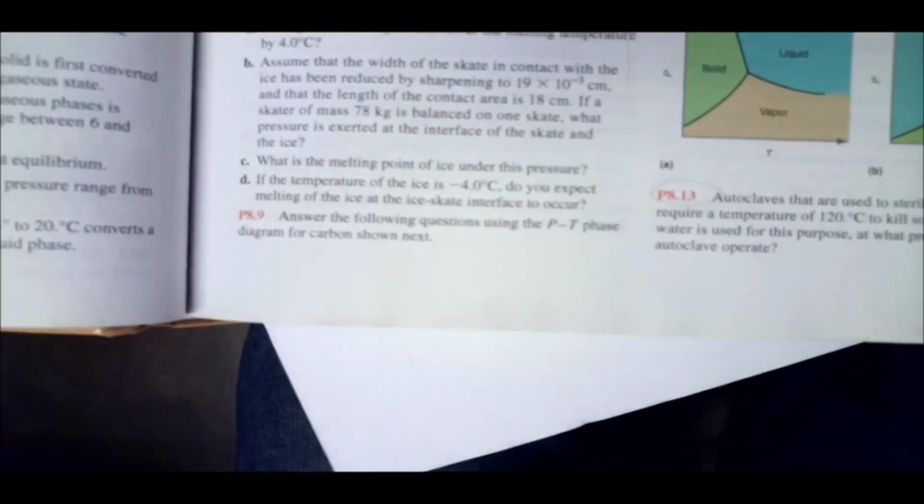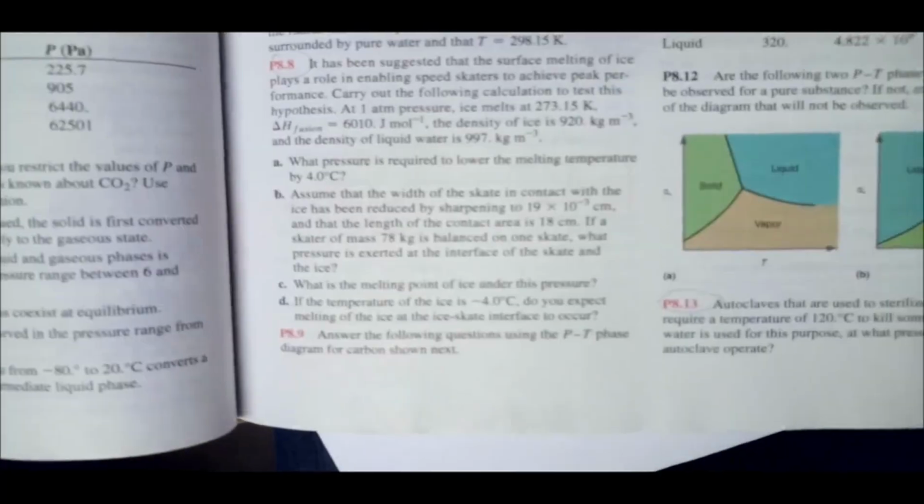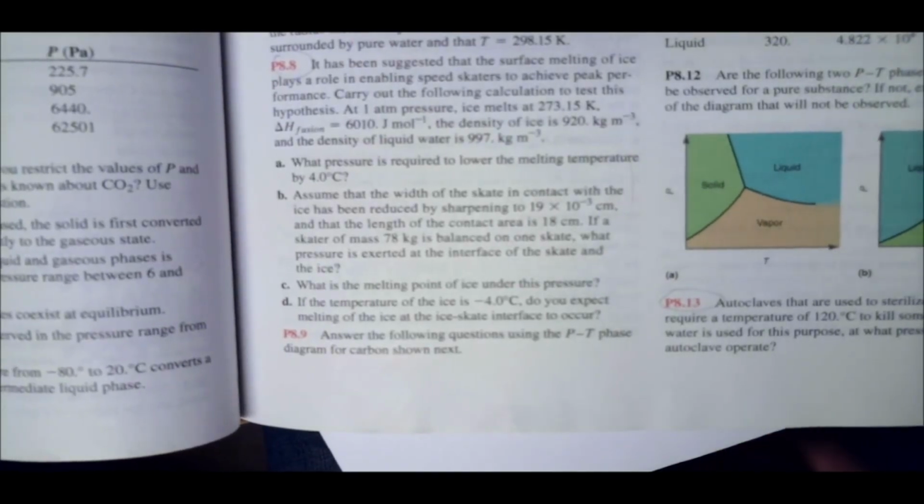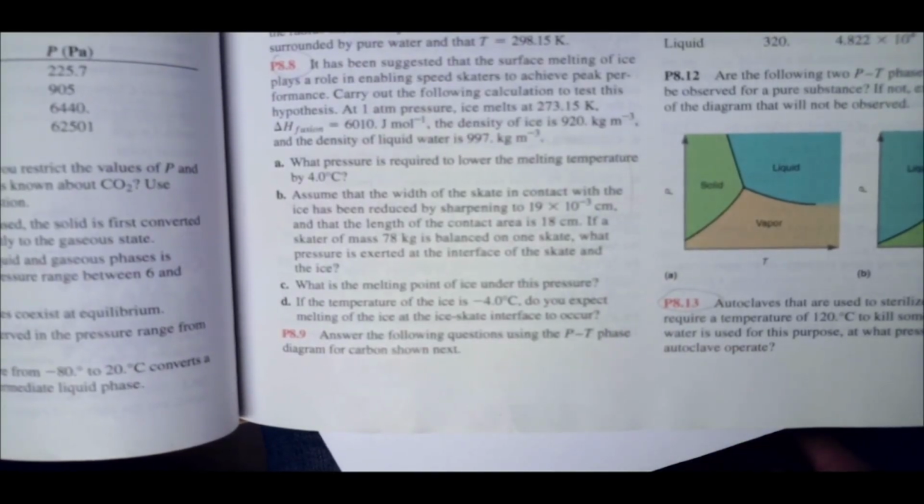Looking at 8.8, let's read this problem. It has been suggested that the surface melting of ice plays a role in enabling speed skaters to achieve peak performance.